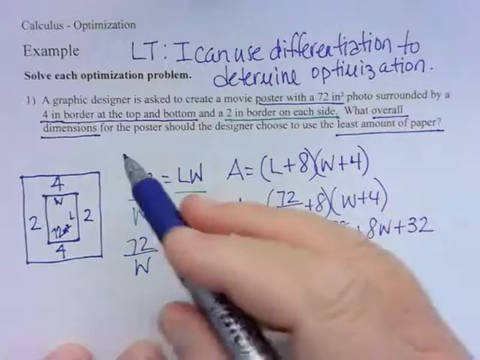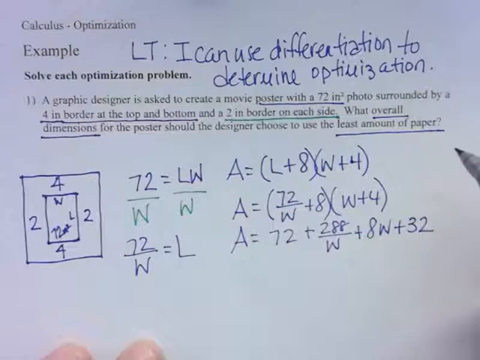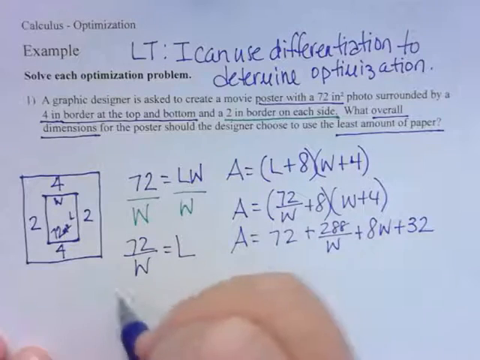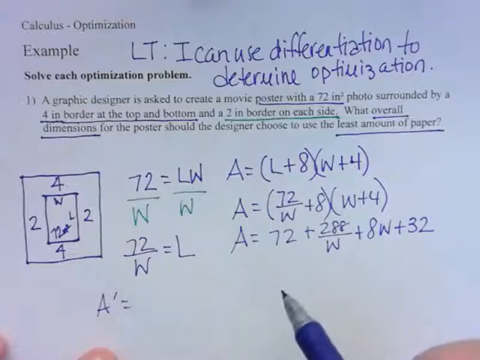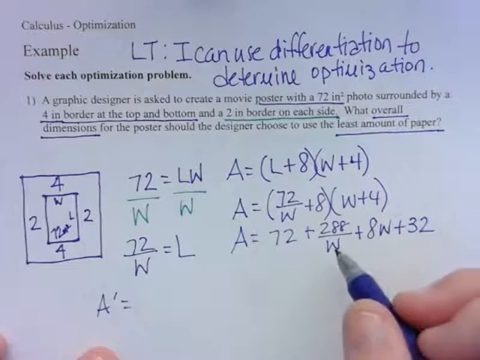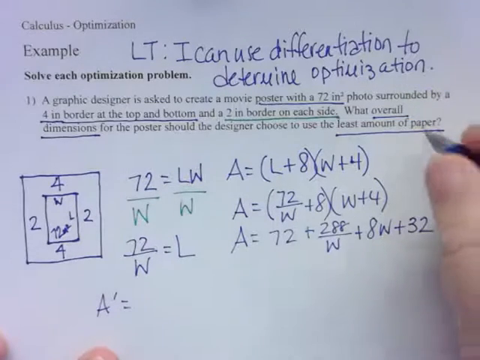Now I need a minimum, and I know that in order to find a minimum, I take a derivative. So I'm going to go ahead and take the derivative of my area equation, and A prime equals the derivative of 72 is 0, so I'm going to ignore that. The derivative of 288 over W, I'm going to do that over here on the side.